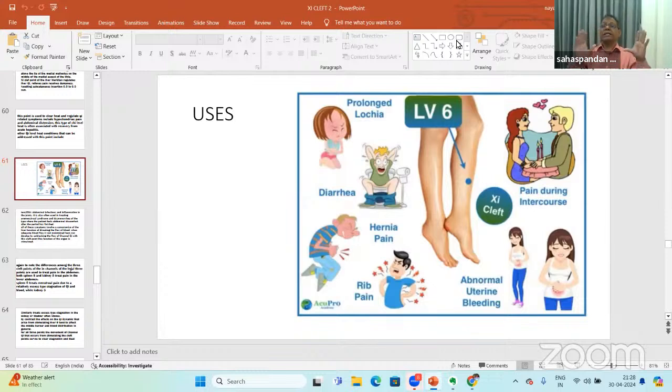So let us remember that the Yin Qiao vessel has the function of coordinating multiple channel internal muscle movement.